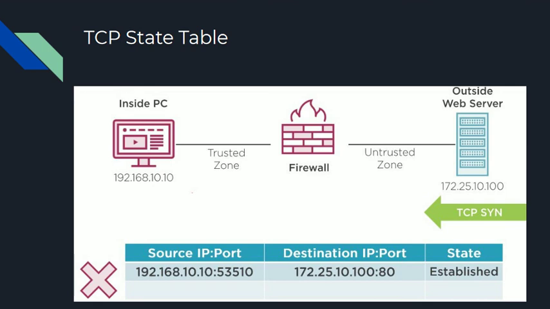This is the example we have discussed, where one PC is accessing the internet or a web server from the untrusted zone. So in this topic we have discussed the TCP state table, how it's created and how it works.